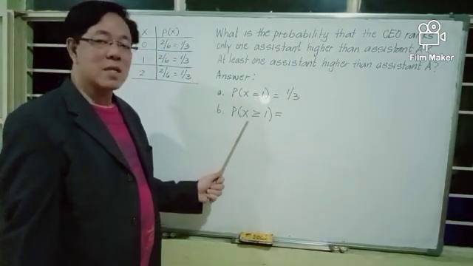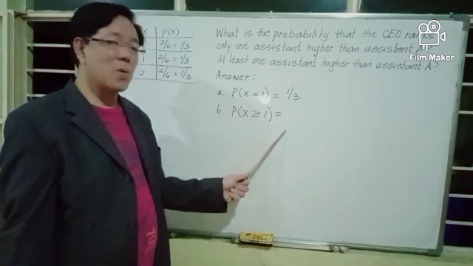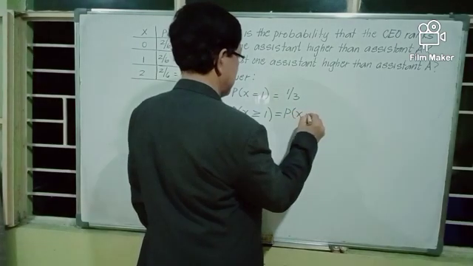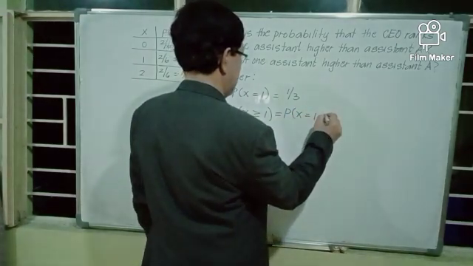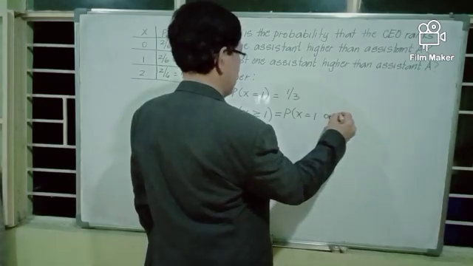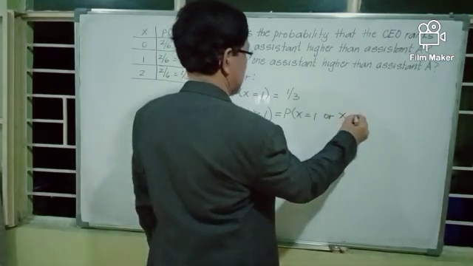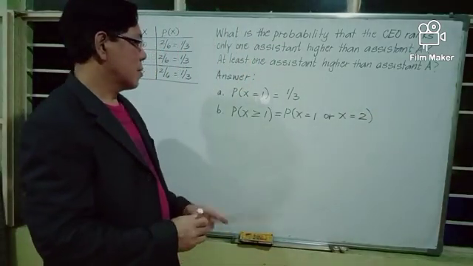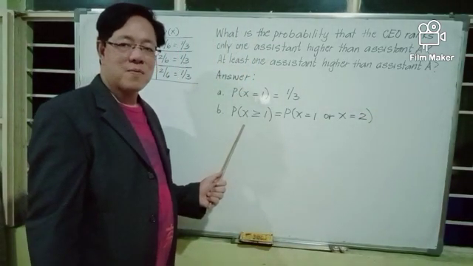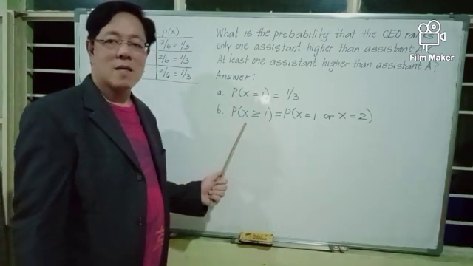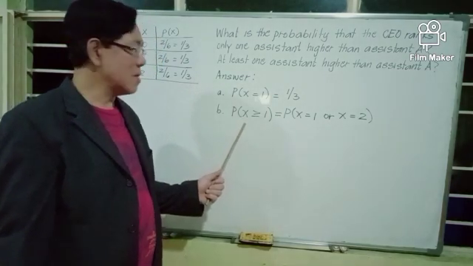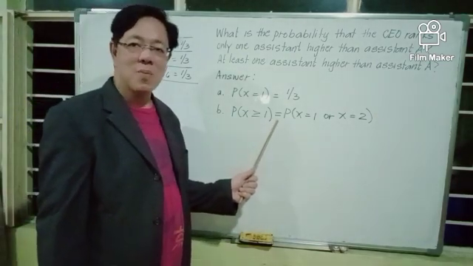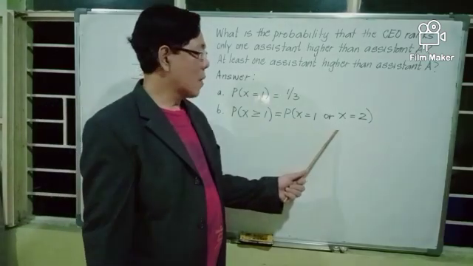So the probability that x is greater than or equal to 1 is equal to the probability that the number of assistants that rank higher than assistant A, that is, probability x is greater than or equal to 1, is the same as the probability x equals 1 or x equals 2.